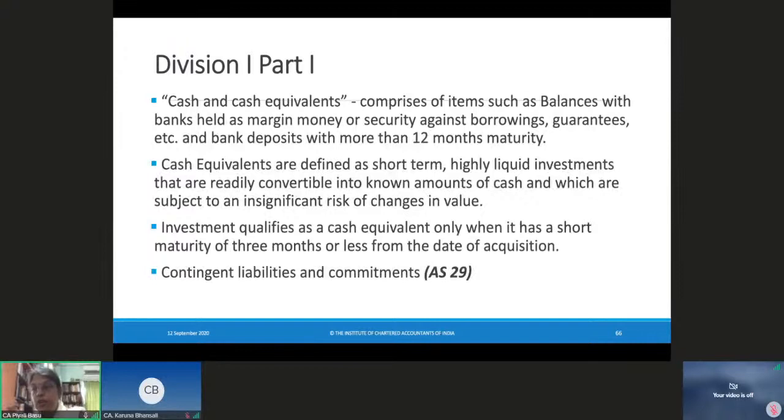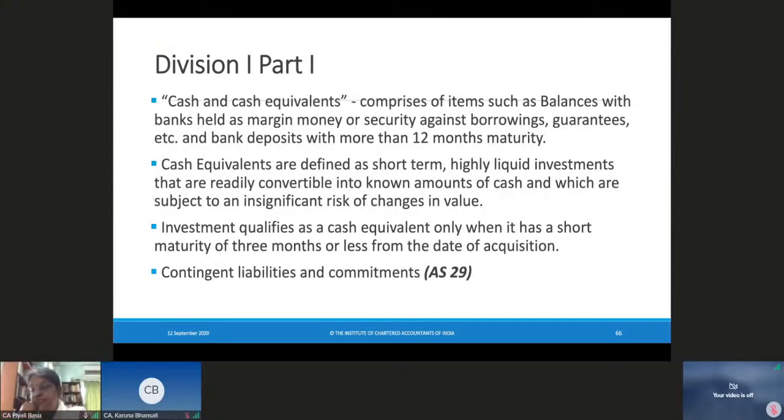Then term loans, which are for more than 12 months, say repayable after 5 years, with a moratorium going on. So it has to be a term loan under non-current liabilities, from banks or other parties. Then deferred payment liabilities.